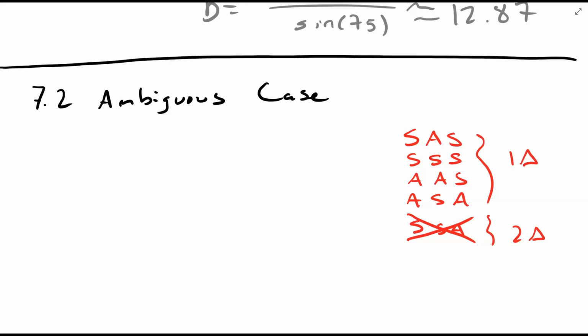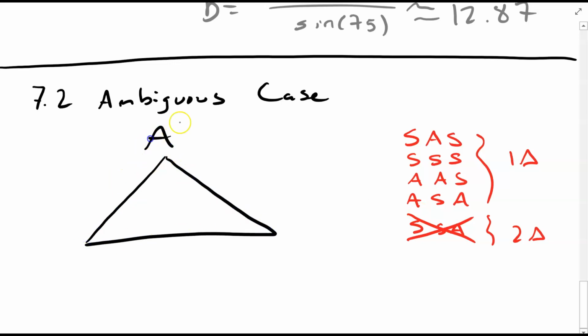So let's look at this SSA situation. If I draw a triangle, here's my angle A. That's the angle that we're given.